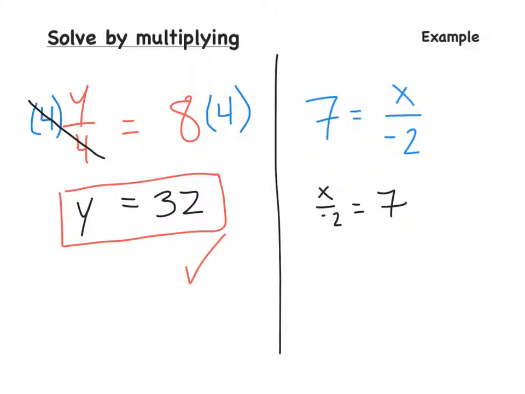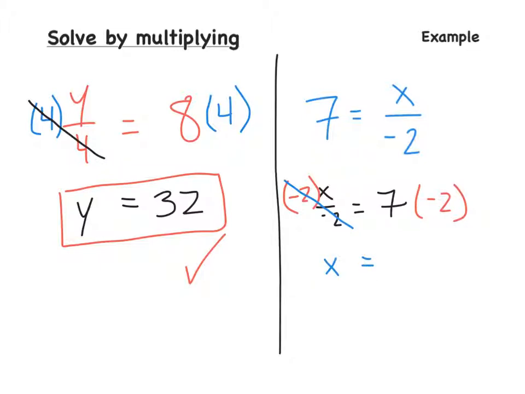Remember, what's the opposite of divided by, which is multiply. So you have to multiply by a -2. If you multiply by -2 on the left, multiply by -2 on the right. So the -2's will cancel out on the left, which leaves you with just x.